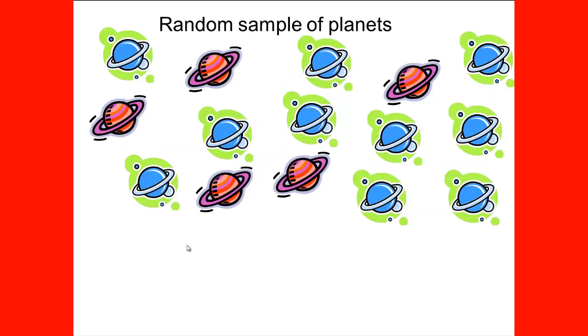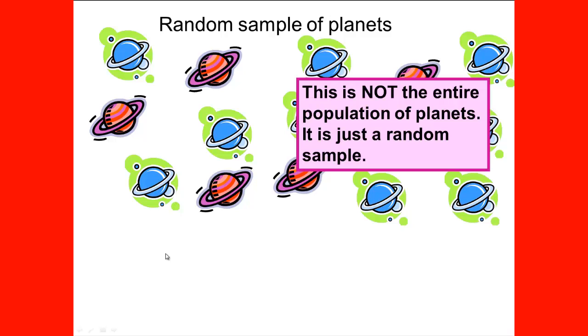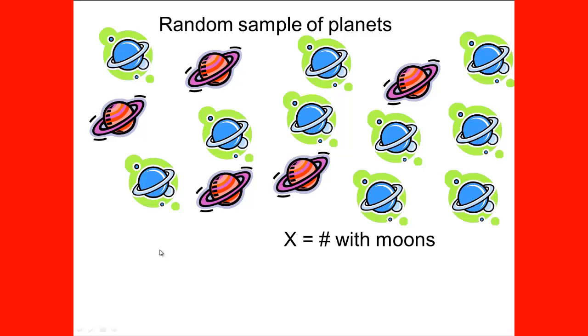Here is a random sample of our planets. Now this is not the entire population of planets, it's just a random sample. And X is the number with moons. You could pause and count, but there are 10 with moons, or let's just count 1, 2, 3, 4, 5, 6, 7, 8, 9, 10 with moons.